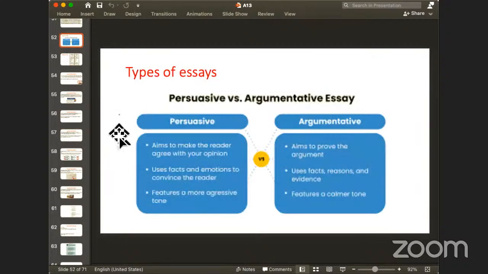I mentioned there are at least, in this course, we're talking about 2 different essays. We have persuasive essay and argumentative essay. In persuasive essay, even though it's considered a little bit formal, argumentative essay is the most formal.